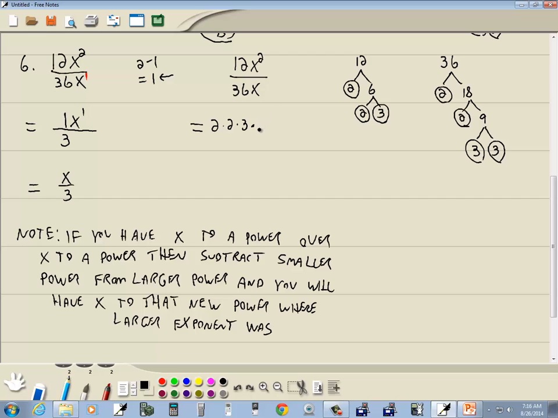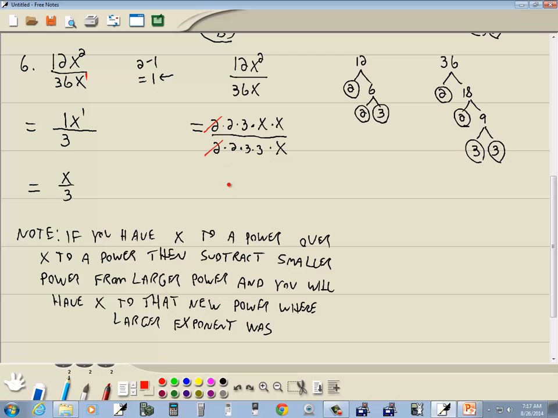Now we got x squared, which means we got 2 x's. The exponent tells you how many you're going to have. Now for 36, we got 2 times 2 times 3 times 3, and we got 1 x. Now I'm showing this with the x's here just to demonstrate it, but I don't recommend this. I would use this note that I put down below to work these problems. Again, we're looking for the same item on top and bottom. They don't have to be numbers.